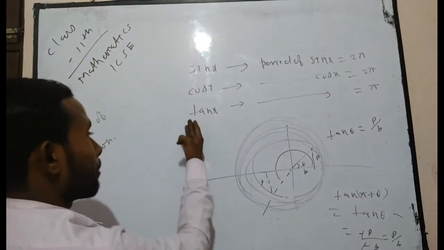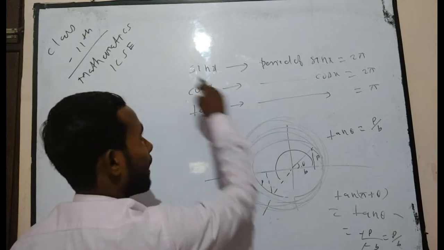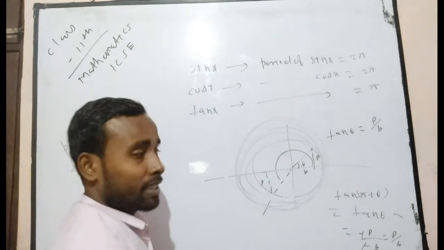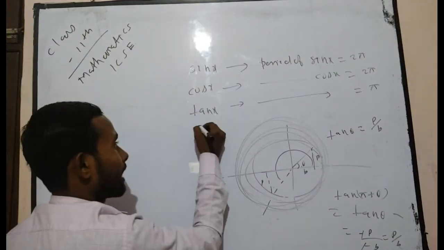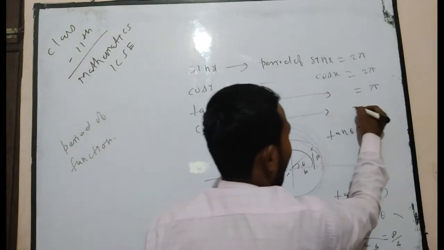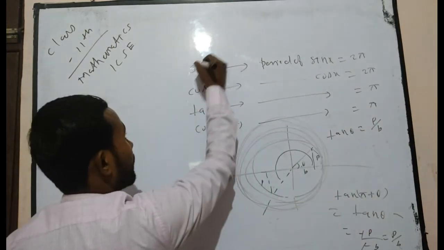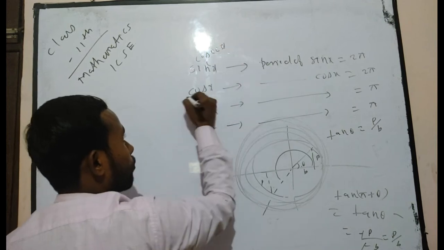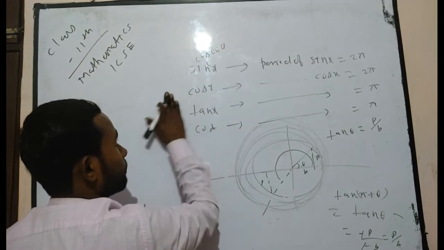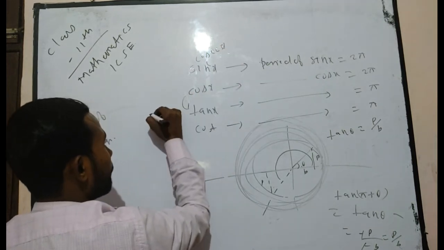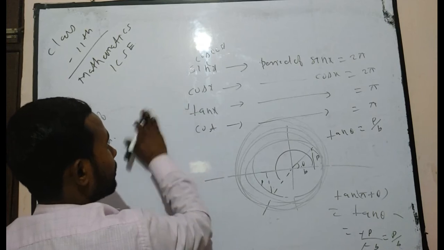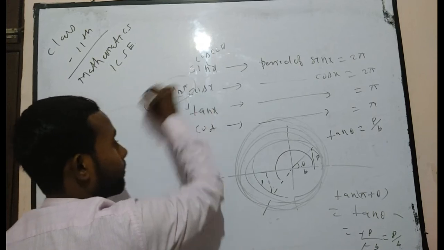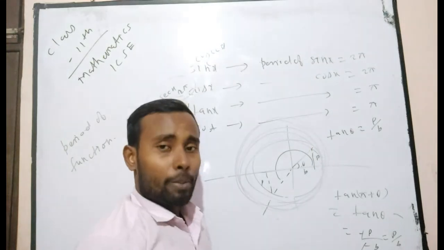Similarly, cot x has period pi, cos x 2 pi, sec x 2 pi and cosec x 2 pi. It is very simple. Sin x and cosec x both will be 2 pi, and cos x and sec x also have 2 pi. It is the concept behind it.